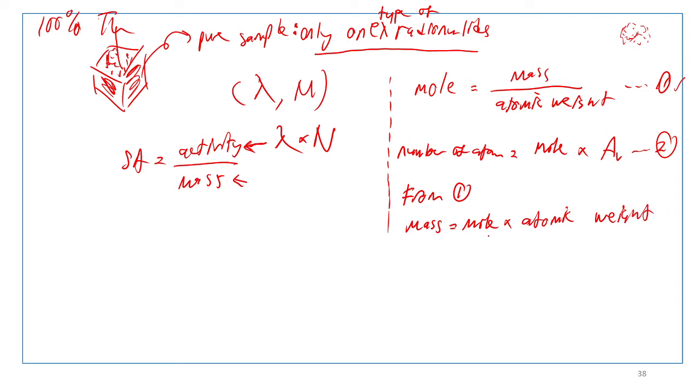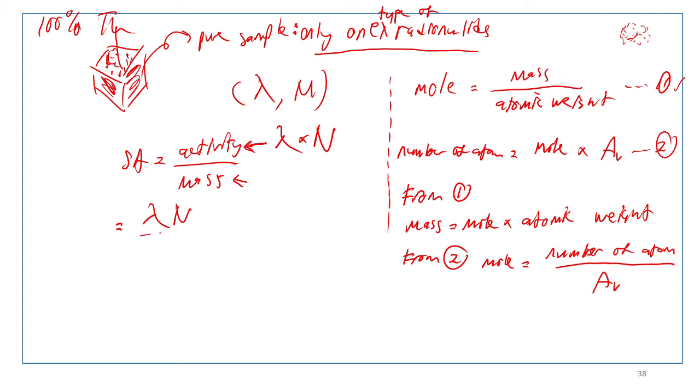And from equation 2, mole equals the number of atoms divided by Avogadro constant. Therefore, our formula for specific activity becomes lambda N over mass.